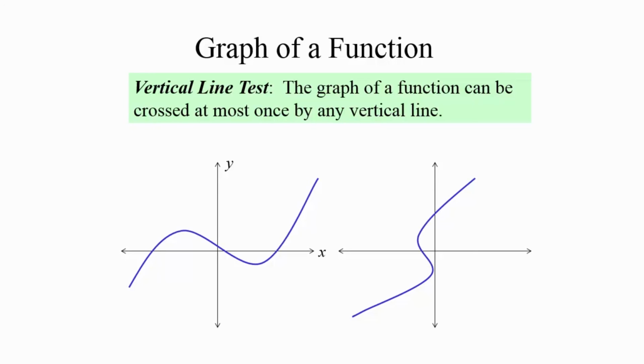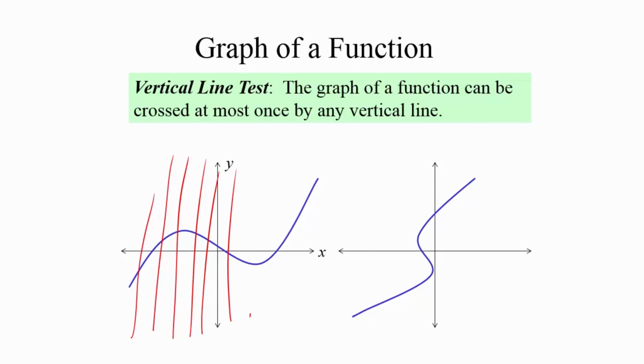If it is more than one place, then you don't have a function. So look at this function on the left. If I draw as many vertical lines as I want, each one of these vertical lines is going to cut the function only at one point. This first vertical line is cutting it here, the second is cutting it here, the third one here, here, here, only one point.